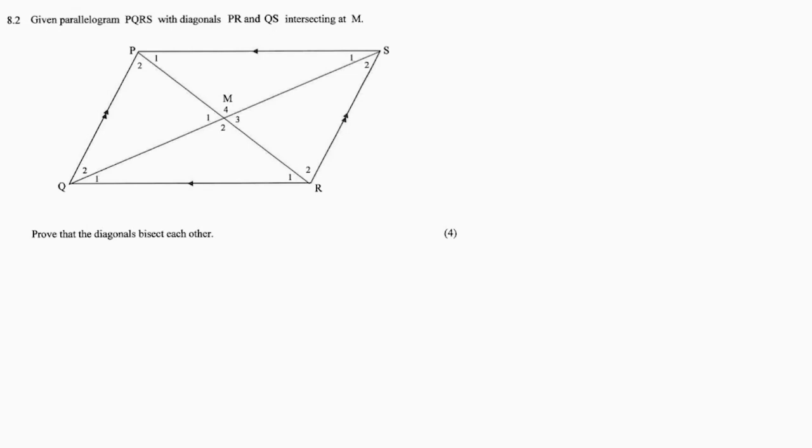In other words, we need to prove that the length PM is equal to the length MR, and QM is equal to MS. So it's either I take these two triangles, triangle QMR and triangle PMS, or triangle PMQ and triangle SMR, and then I prove that this one and this one are congruent.